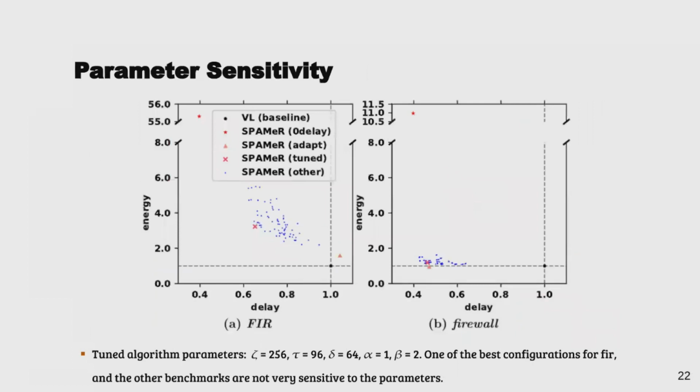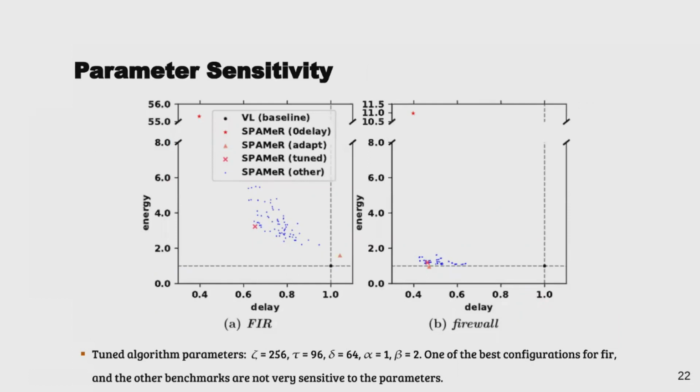Lastly, we did a sensitivity study for the tuned algorithm. Each blue dot in the figure stands for a unique combination of the parameters. The parameters are those like thresholds and step delta. As we can see, the parameter choice has considerable impact on FIR's speed and energy consumption.